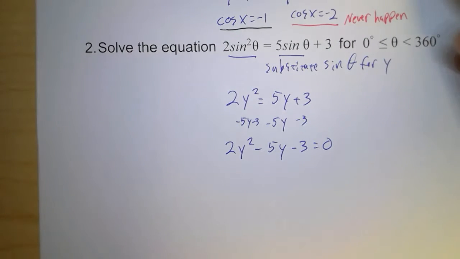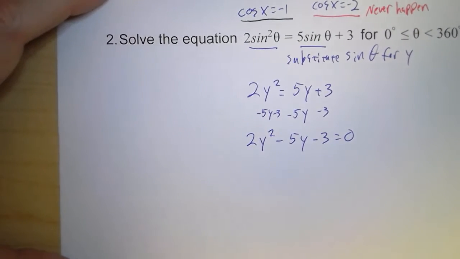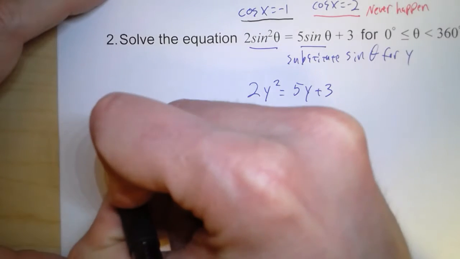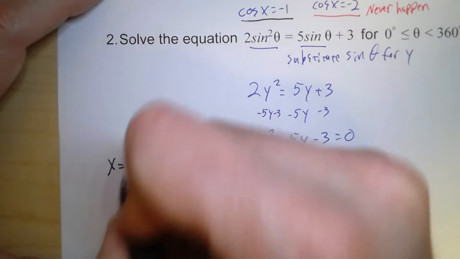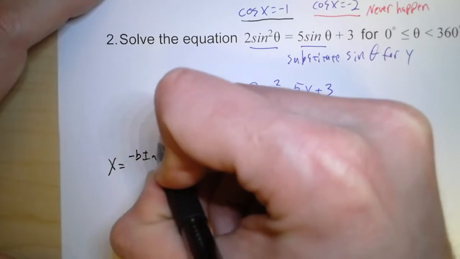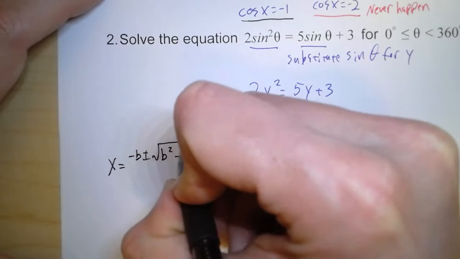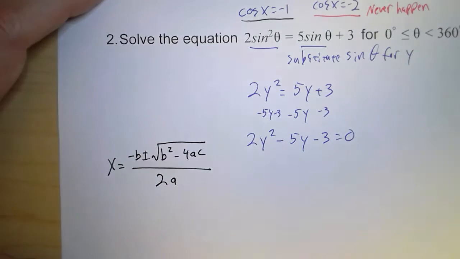Now for this one, instead of factoring, I'm going to use the quadratic formula, because oftentimes factoring can be hard when you've got a number in front of x or y squared. So the quadratic formula says negative b plus or minus the square root of b squared minus 4ac all over 2a.